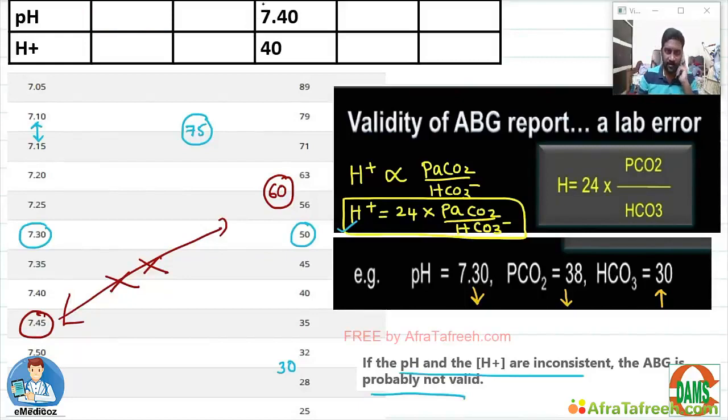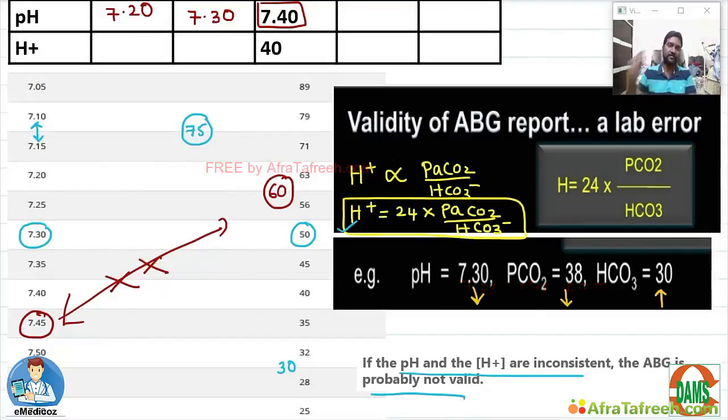So pH normal is 7.40, and at 7.40 pH, H plus will be approximately equal to 40. Now, what will happen if the pH decreases to 7.30, 7.20? As the pH decreases, generally H plus ion should increase in the body.